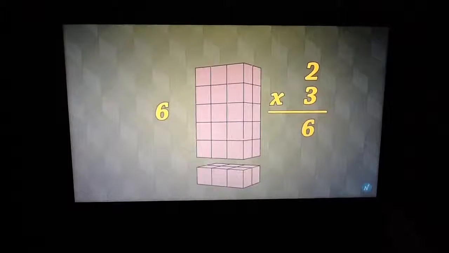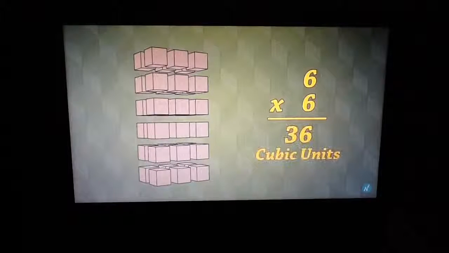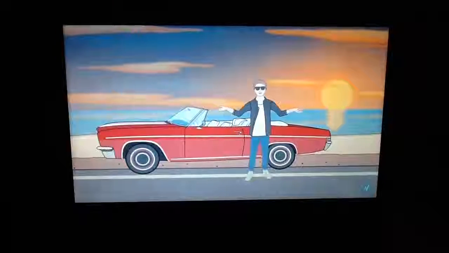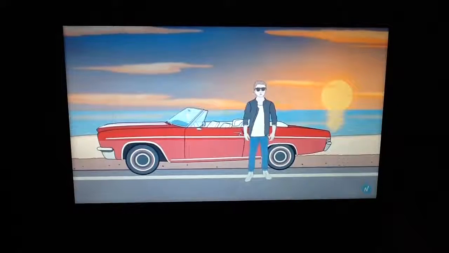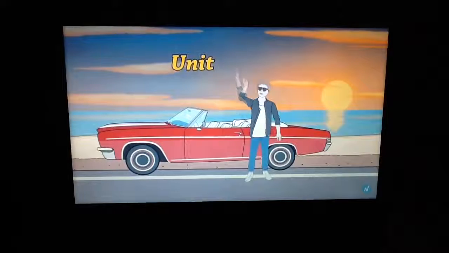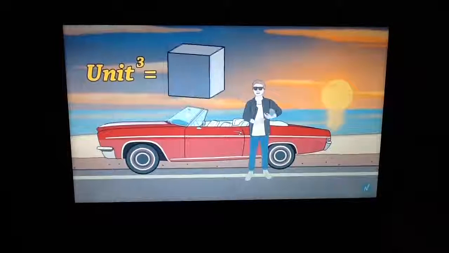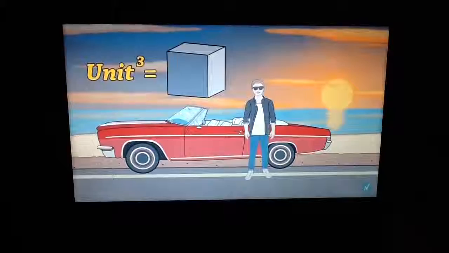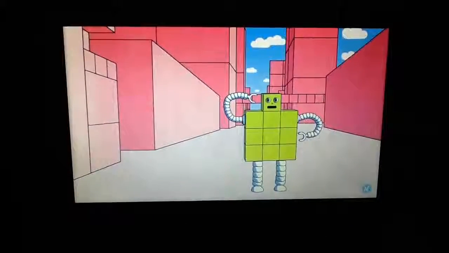With the dimensions 2, 3, and 6. First find the base, that's length times width. The base is 6 cubes, then multiply the height. 36 cubic units, fill it up just right. When finding volume, don't forget to mention the unit is a cube with 3 dimensions. A solid shape made of more than one prism has a volume you can find.